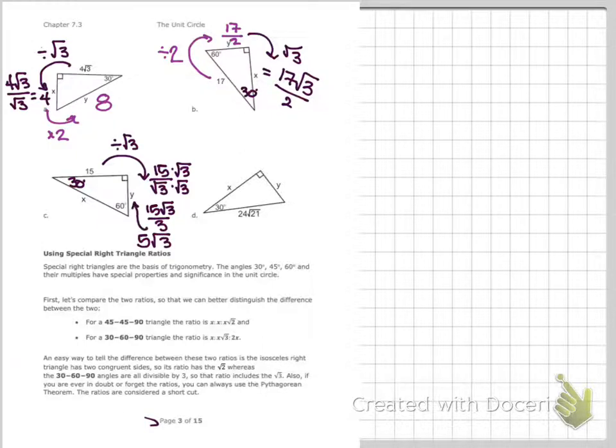There's our short side. To get to our long side, again, we just multiply that short side by 2. The 2 multiplies by the whole number part on the outside, that 5, and does not multiply inside that radical. So we've got 10 square roots of 3 for the hypotenuse.